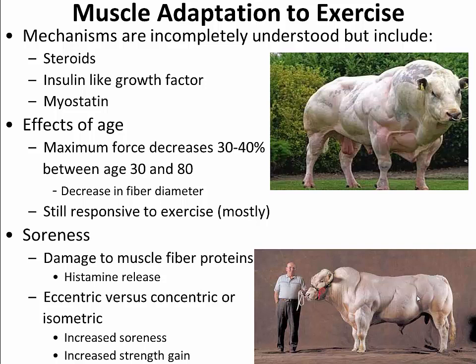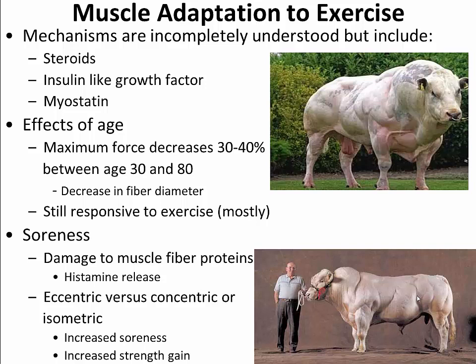But this in part may be due to a lack of exercise, and so the muscles are still responsive to exercise, mostly, although unfortunately the degree to which they respond does decline to some extent as we go through time.